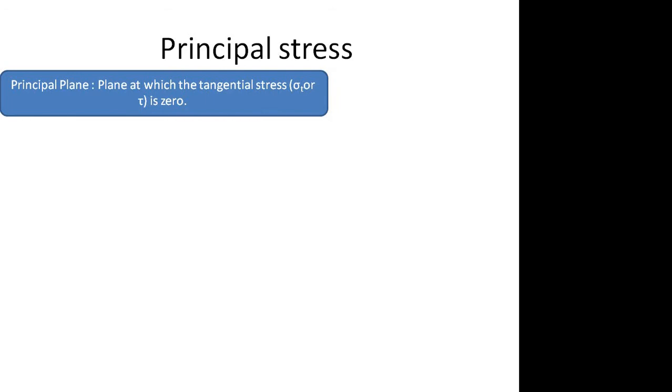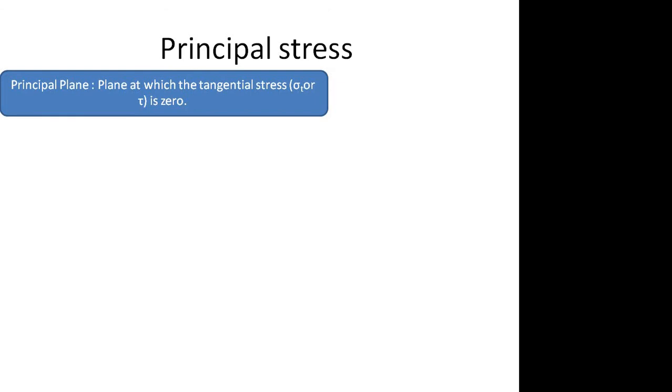So now we can go to the next topic, that is principal stress. First we have to understand what a principal plane is. This is a plane at which the tangential stress, or tau, is 0. Remember here, we have seen the oblique plane, and on that plane we derived the equations for sigma n and sigma t, and discussed the importance of sigma n and sigma t.